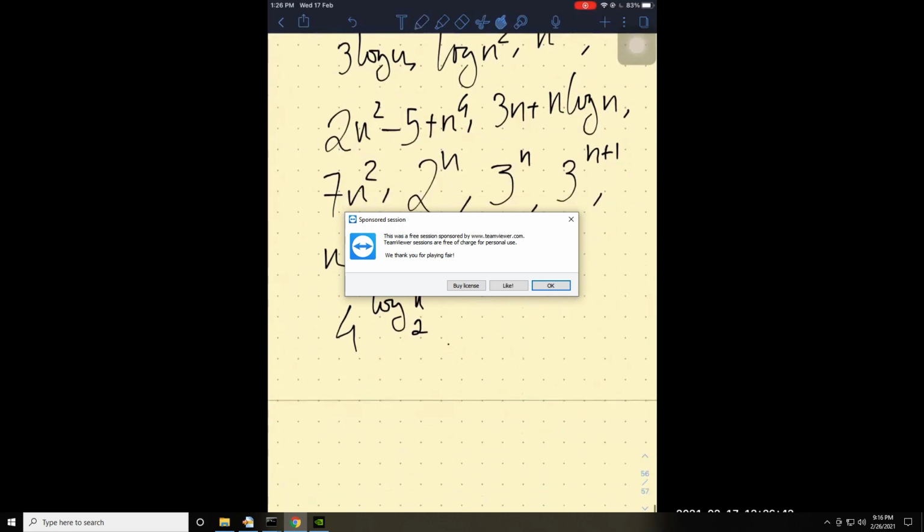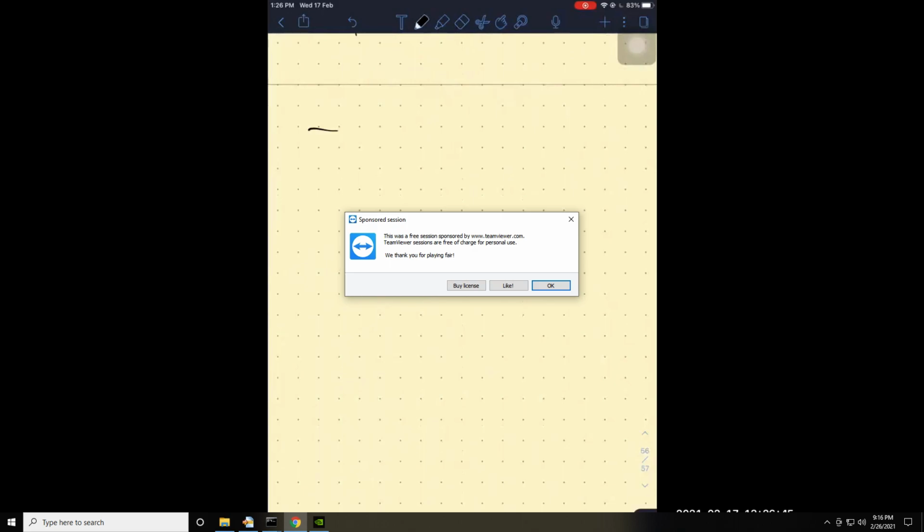So for all of those functions, we get 7 is a constant. So we represent it as theta of 1, as it will remain constant for any n. It will not change as it is independent of n. Then we have 3 log n and log n squared, as log n squared is 2 log n.